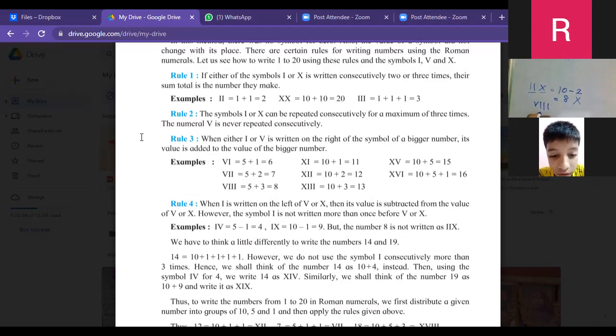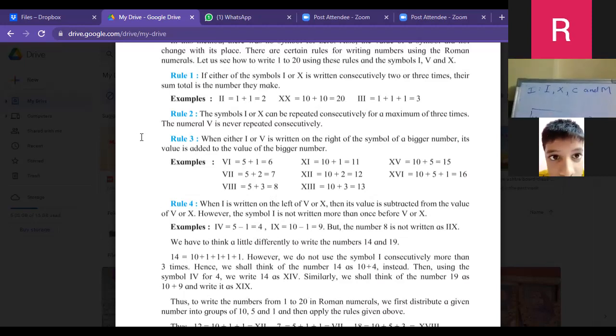As I told you, one number we can repeat only how many times? 3 times. So this is your wrong example. We should not do it like this. How can we write 8? 5 and 1, 2, 3. So this is 8.